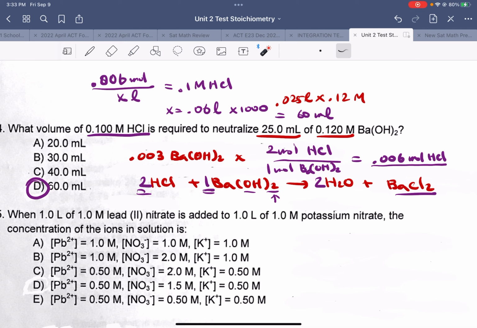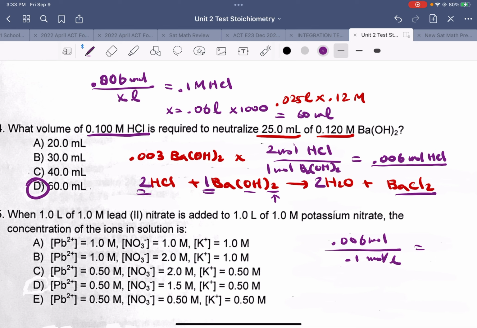So what I did is, using this molarity, molarity is a mole over liter, right? So when you divide by 0.1, okay? Basically what I did is 0.006 mole divided by 0.1 mole per liter, okay?